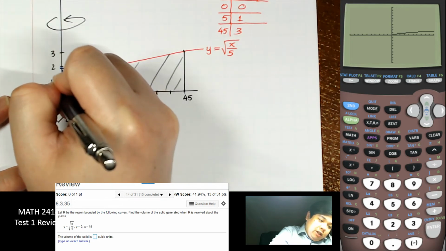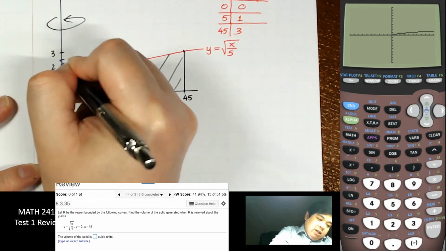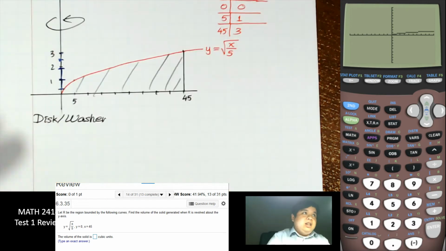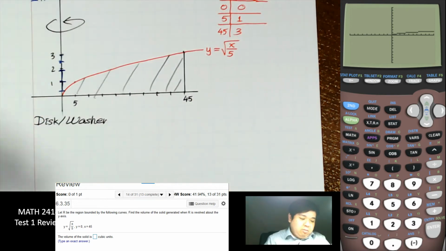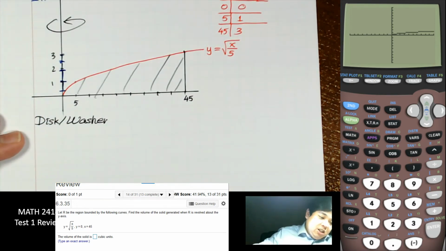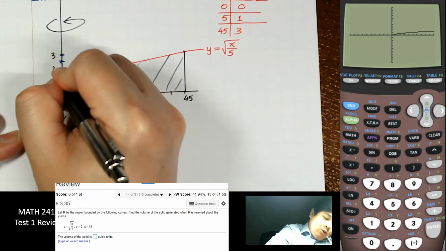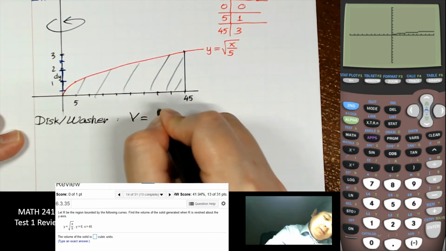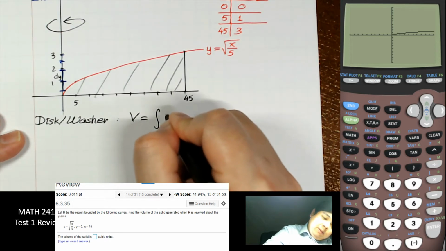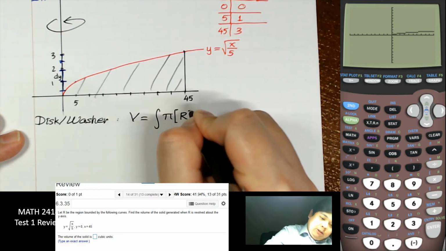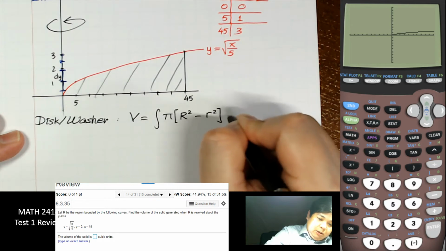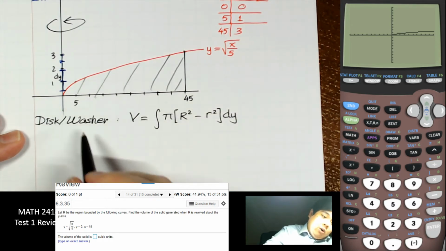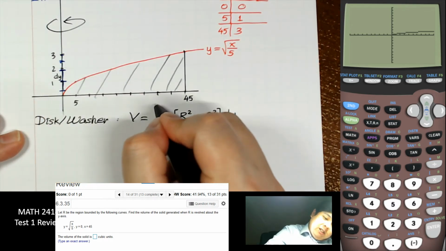We use it to chop that axis into a bunch of little pieces. So in that case, this washer method, that's going to be dy. Y goes from 0 to 3 in this case.